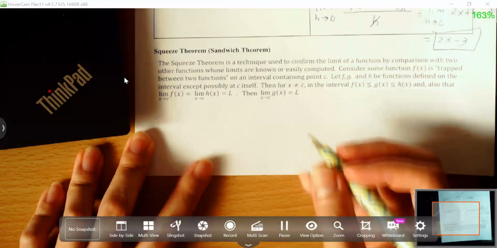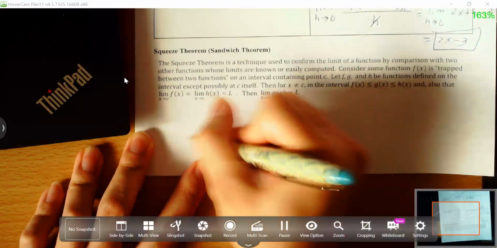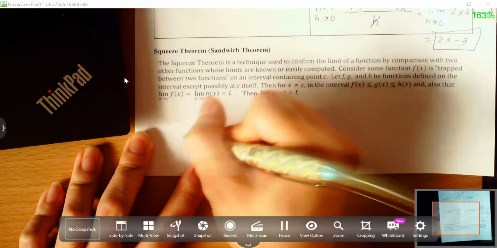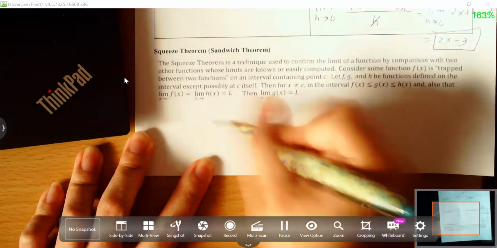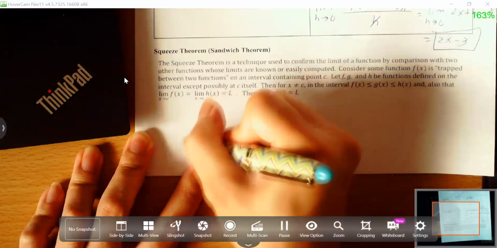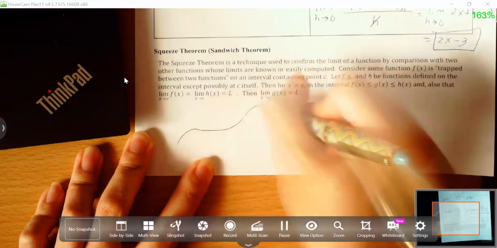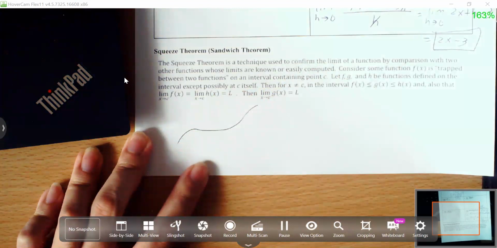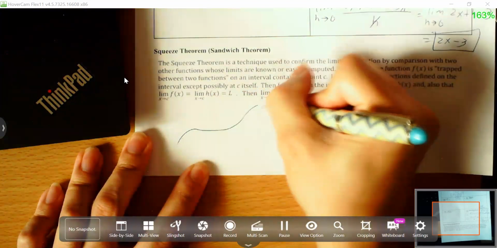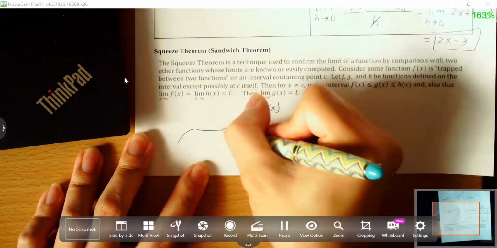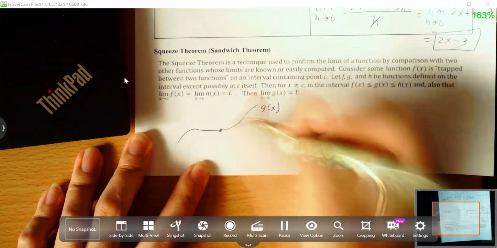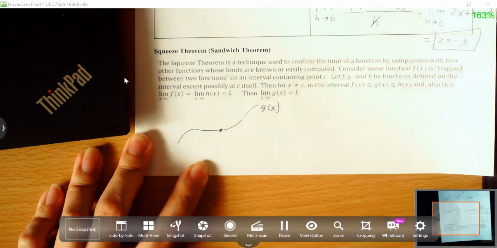Let's say we have some kind of weird function, and let's call this g of x. And let's say we want to find the limit right here, but we don't know how to deal with the g function.